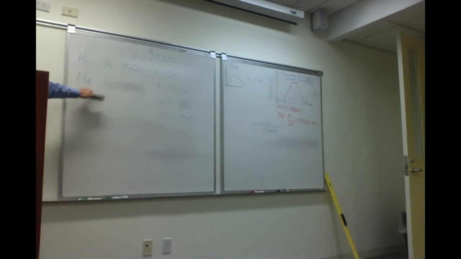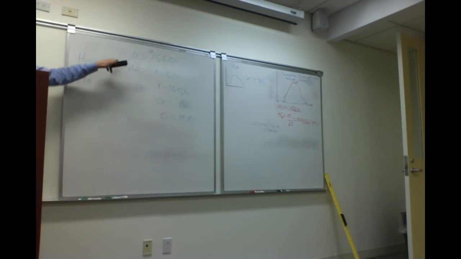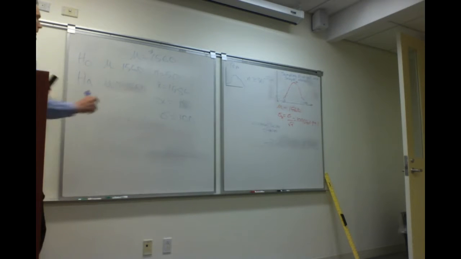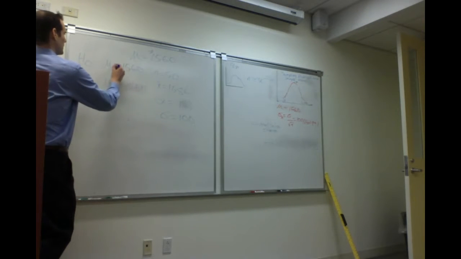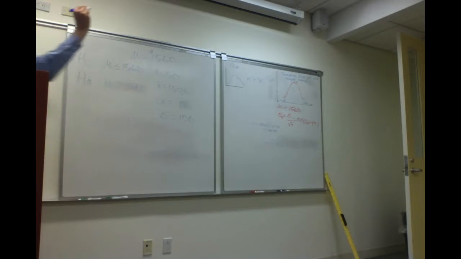I think the mean rent of a one bedroom is higher. All right, that's my alternative hypothesis. And I'm going to need overwhelming evidence to prove that. The way I'm going to set this up is I'm going to assume the opposite: that the mean rent is less than or equal to $1,560.